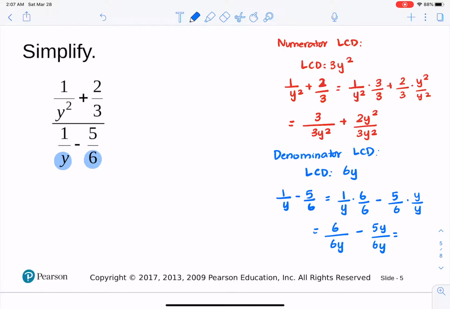I have a common denominator now, so 6y goes in the denominator. Combine the numerators, 6 minus 5y. For the numerator here, the common denominator is 3y squared. The numerator is 3 plus 2y squared.